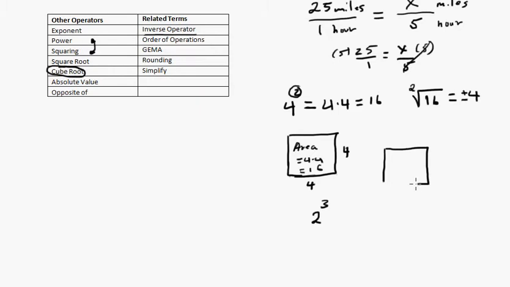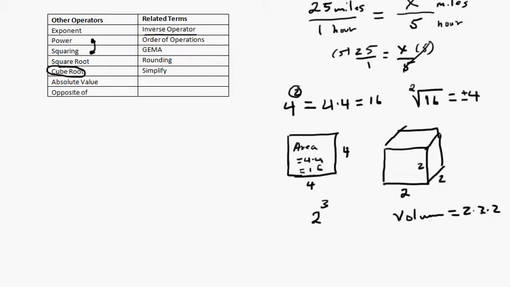An ice cube looks like this. It has a depth. It's 3-dimensional. So if the length is 2, then the height is 2, and the depth is 2. So to find the volume, it's 2 times 2 times 2.